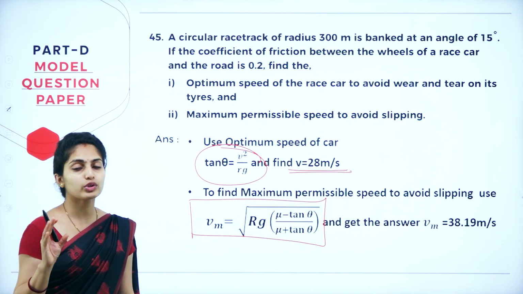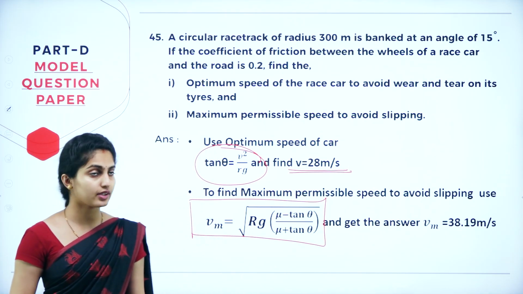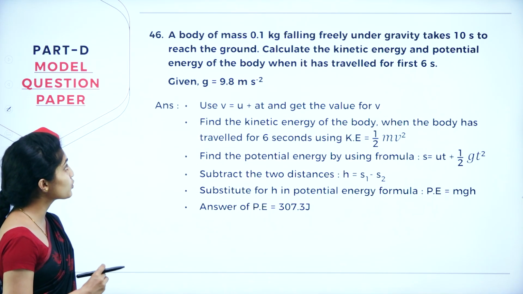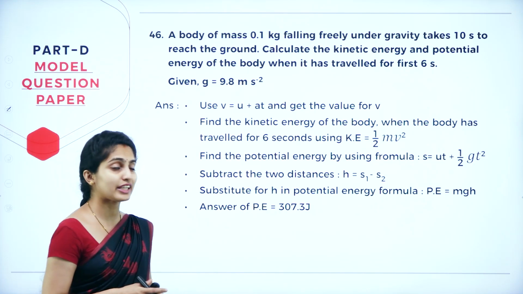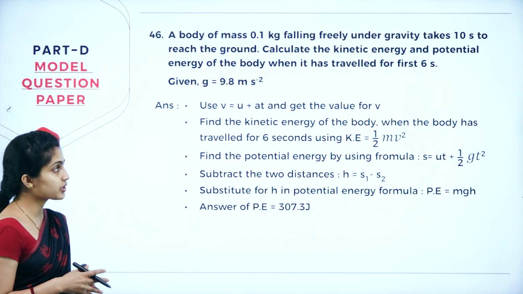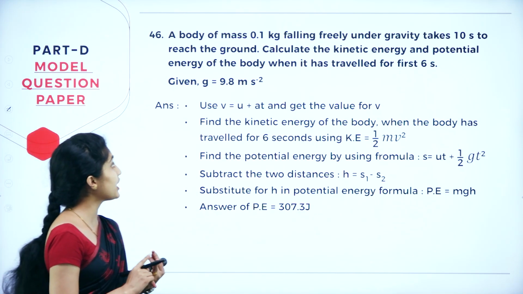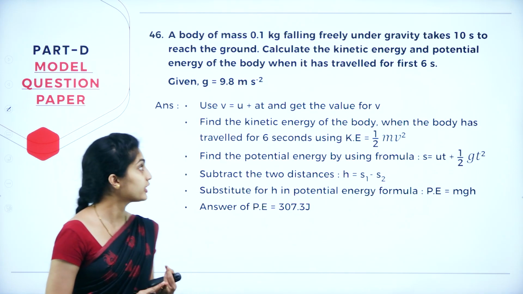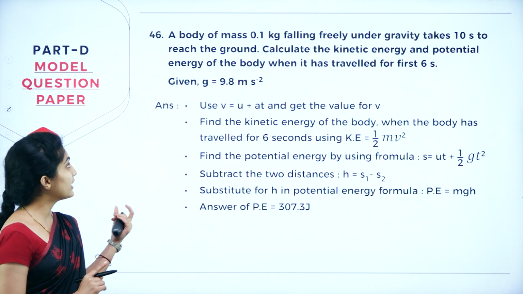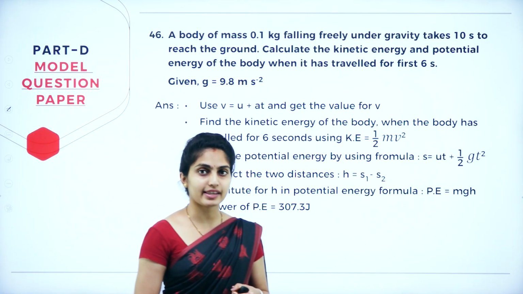We are left with 5 more questions to complete this model question paper. Okay. And next is a body of mass 0.1 kg falling freely under gravity, taking 10 seconds to reach the ground. Okay. And we have to calculate the kinetic energy and potential energy of the body when it has traveled for the first 6 seconds, and they have already given g as 9.8 meter per second square.